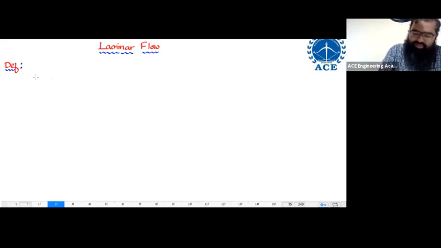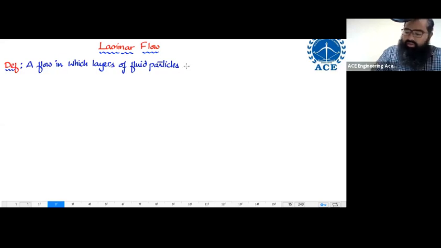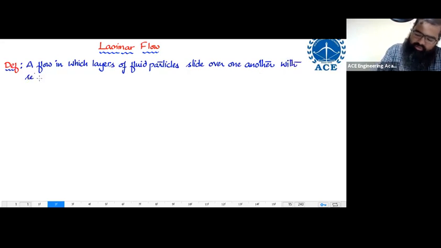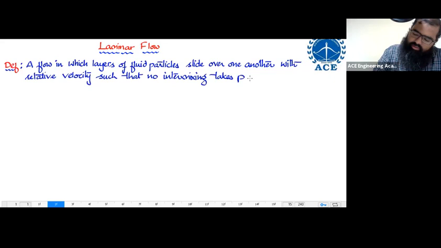So I can write laminar flow as a flow in which layers of fluid particles slide over one another with relative velocity such that no intermixing takes place.